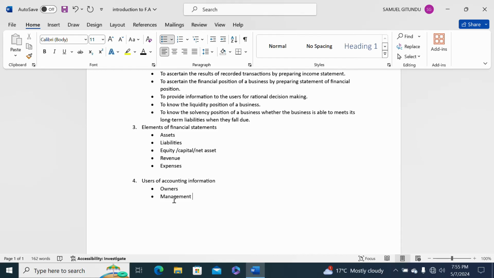The other users of the accounting information is the government.